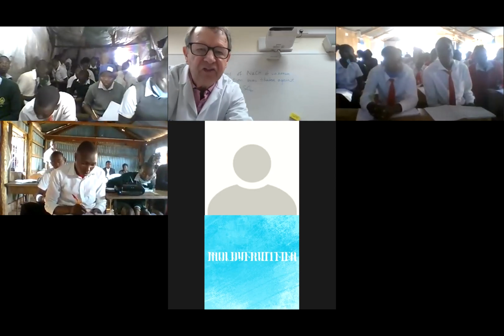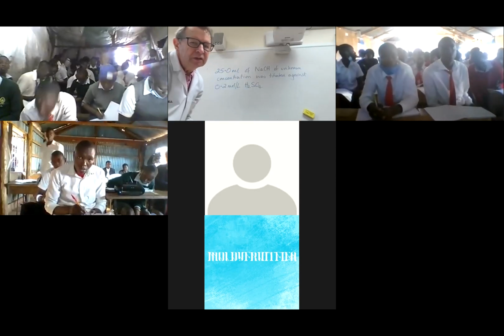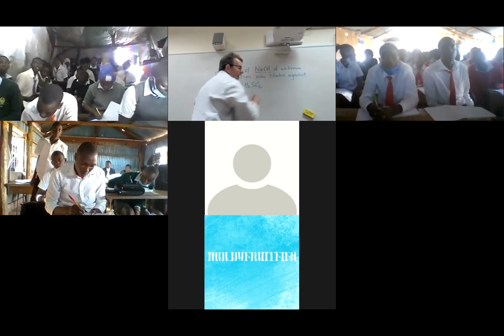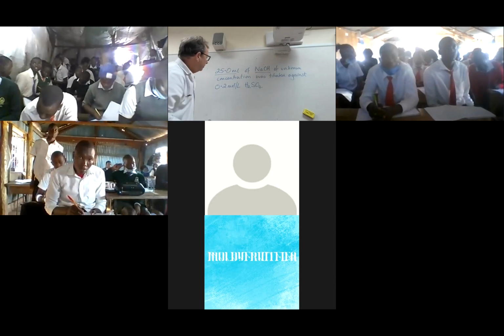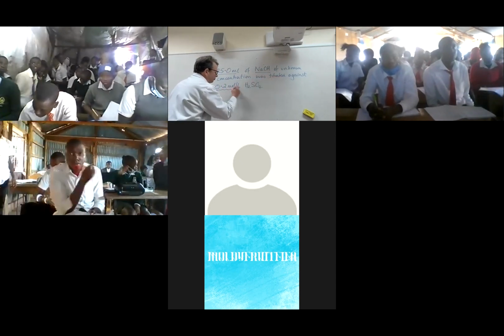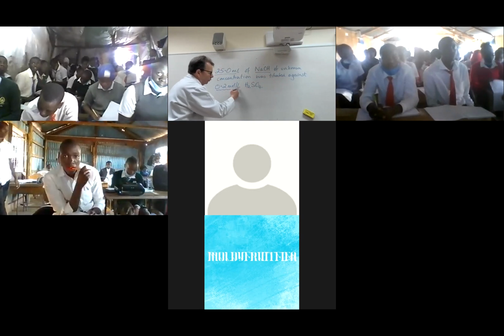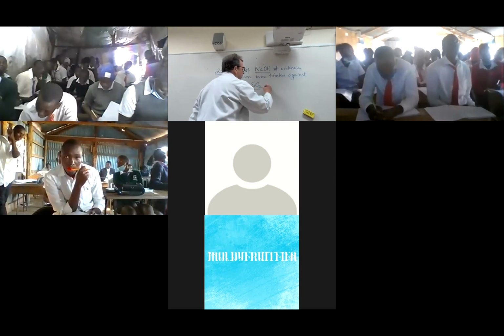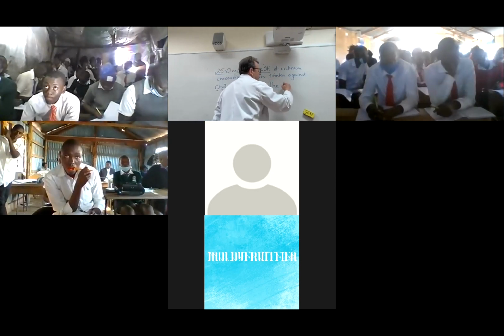Okay, hope you can see that. So that is 25 mL of NaOH titrated against 0.2 moles per liter H2SO4. The results are shown.